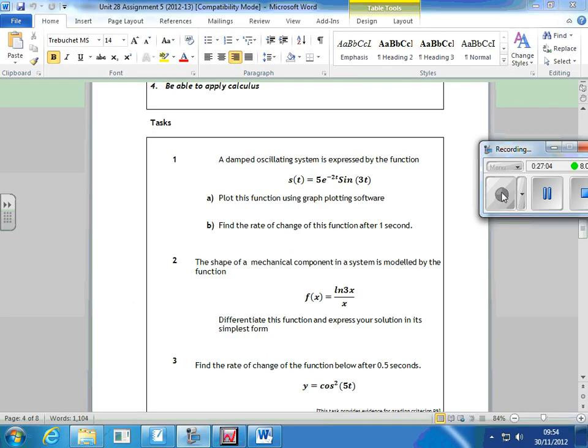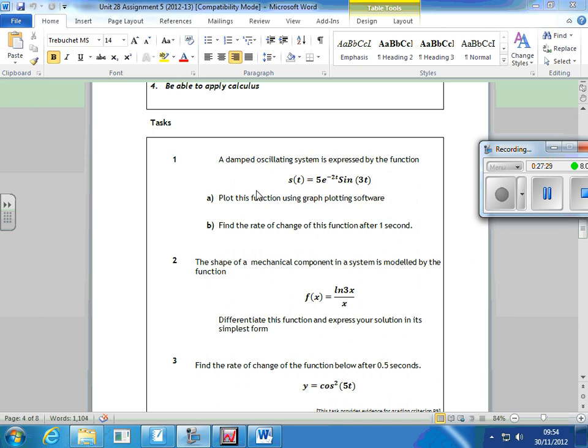So for the Unit 28 assignment, the past questions, let's have a look at the questions. Question number 1 is about differentiation. But I want to look at the function first, and it's also about thinking about what the differential tells us about the function. Remember, the differential tells us the rate of change of the function, which is the gradient of the function.